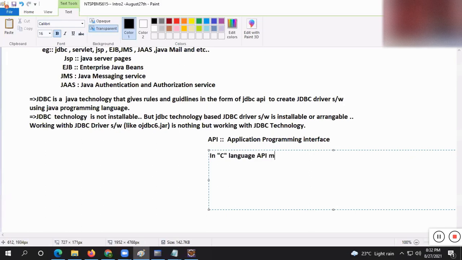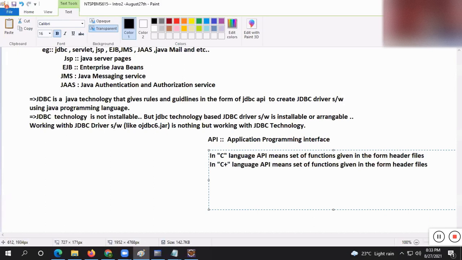A set of functions given in the form of header files. Yes, guys. In C++ language, a set of functions and classes given in the form of header files. Right, boss? In Java language, API means a set of classes.